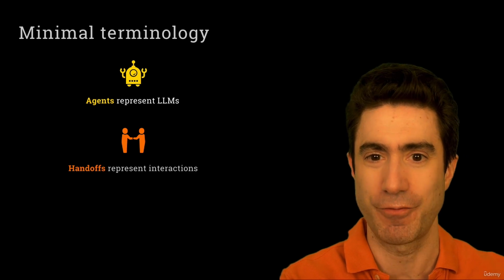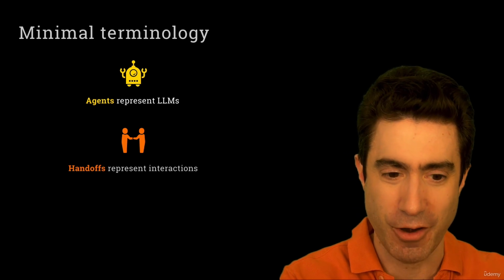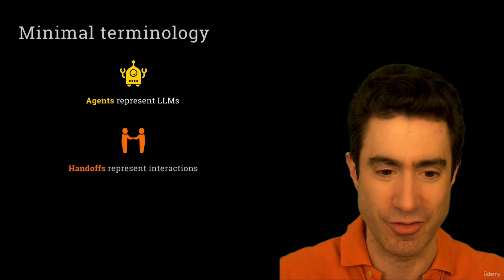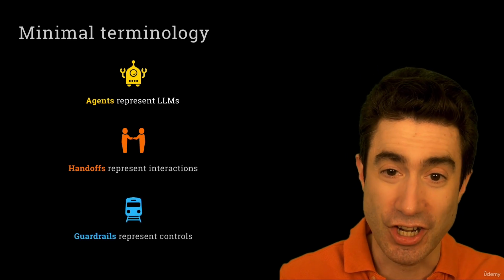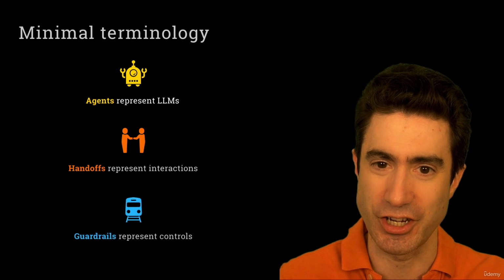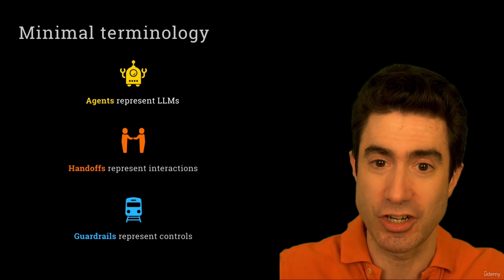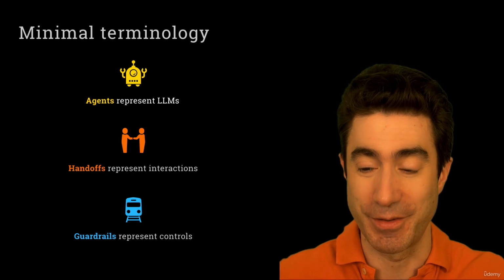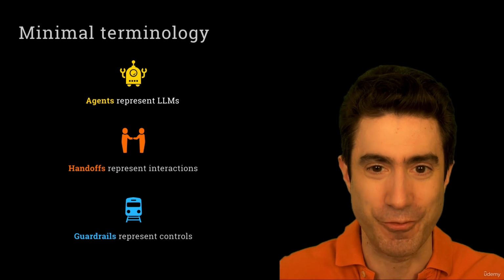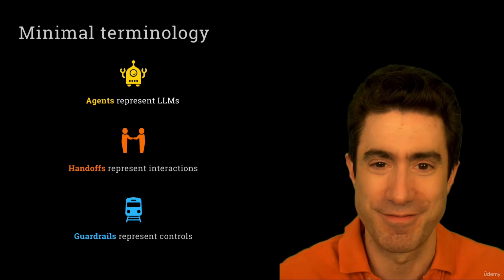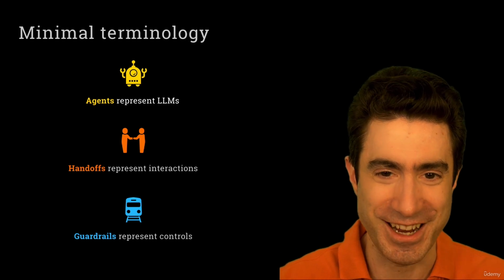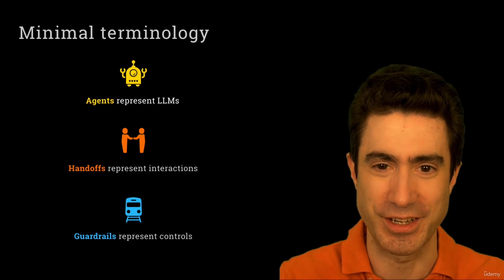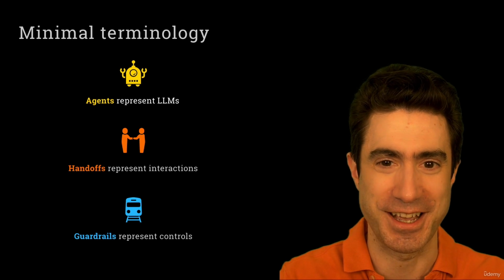So handoff is a term that they use a fair amount, and we'll see it come up in different contexts, but that's what it means. It is an interaction. And guardrails is their terminology for the kinds of checks and controls that you put around making sure that an agent is doing what you want it to do and isn't going off the rails. Guardrails is a pretty common word in normal software engineering anyway, but it's one of the three terms to take on board for using OpenAI Agents SDK.